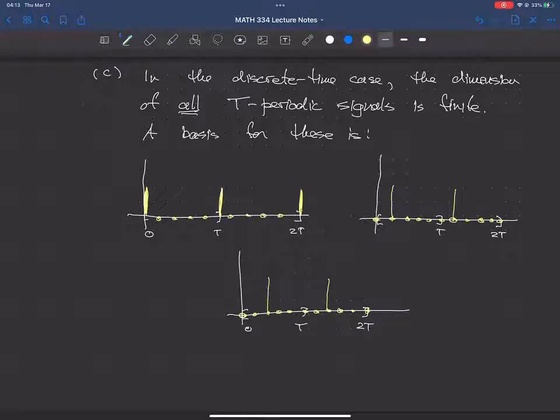So you take this one and shift it to the right by delta, then 2 delta, then 3 delta, and eventually you end up back where you started, and that gets you your basis. So you can see why you have the finite dimensionality, because there'll be one basis vector corresponding to those points.